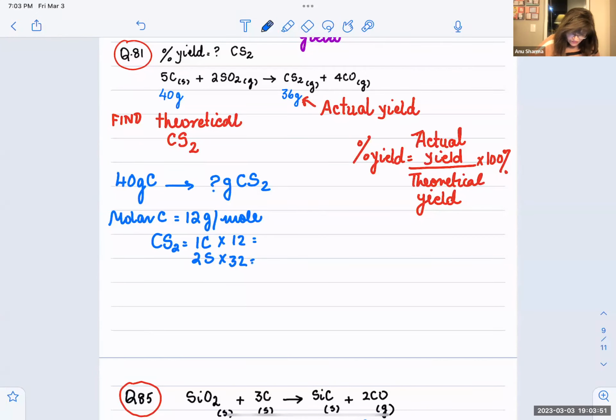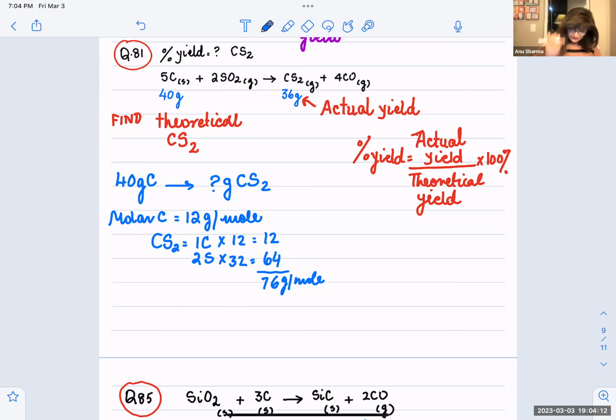So here you have 12, and here you have 32 times 2, which is 64 grams. So 64 plus 12 is 76 grams per mole.